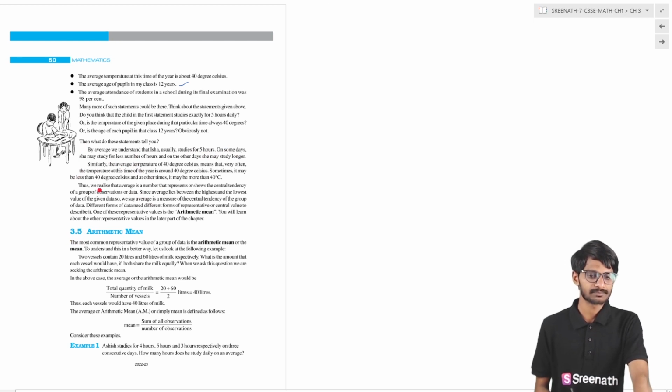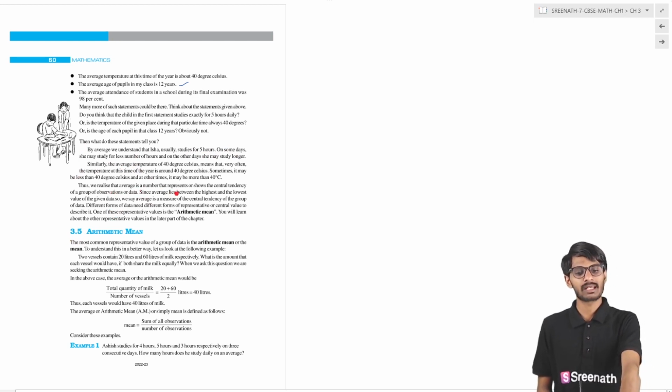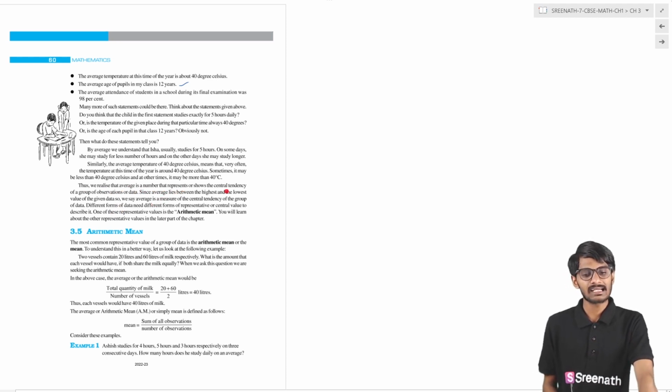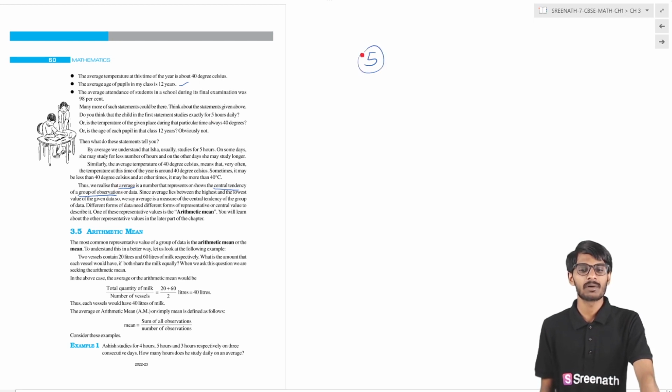Finally, one more thing: we realize that average is a number that represents or shows the central tendency of a group of observations or data. Basically, average shows the central tendency of the group of data. So 5 hours is the average of the study that the student does.